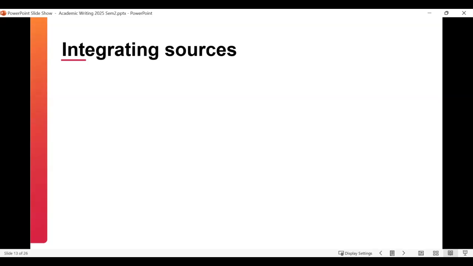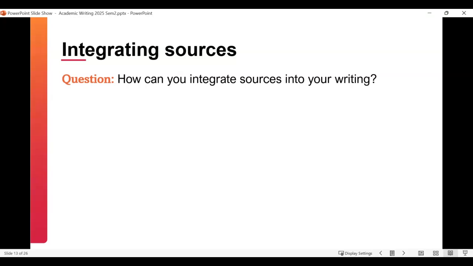And you're going to have to integrate those ideas into your own writing. And referencing is linked to that because, of course, if you do that, then you need to reference those ideas because they're not yours. So there's a few ways you can integrate those sources into your writing.